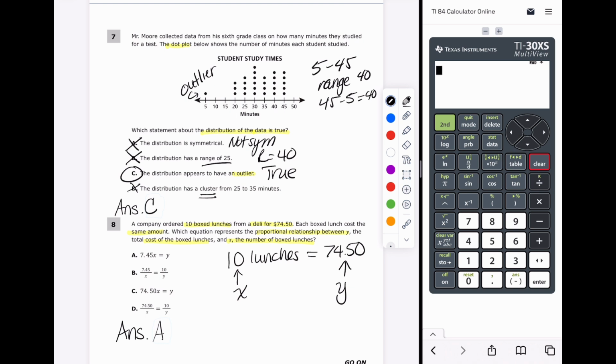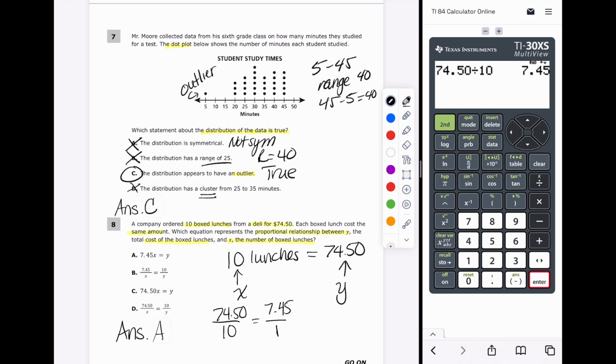Can we figure out how much 1 lunch costs though? Like, let's actually look at this for a little bit. How much is 1 lunch? If 10 lunches are $74.50, 1 lunch is going to cost, and I can do this here, divided by 10, and you can probably already see it. 1 lunch costs $7.45.